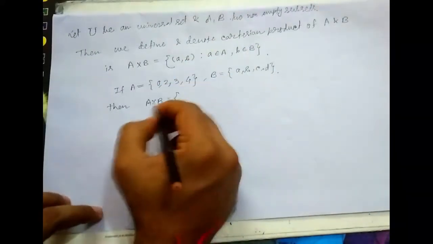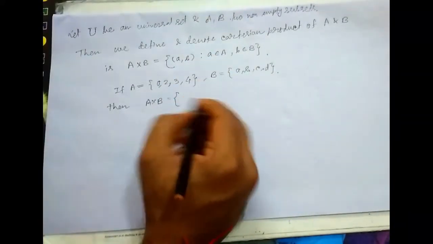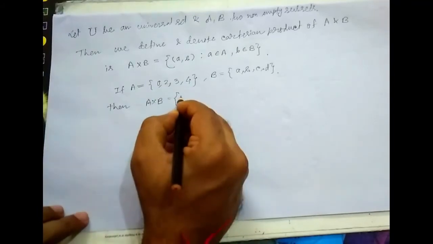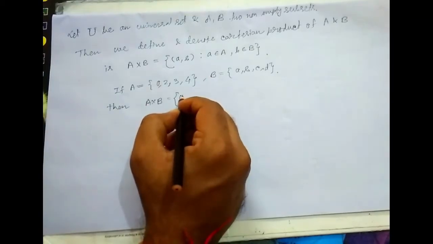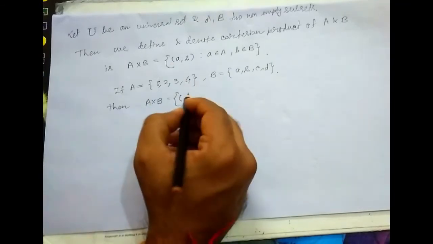So here A cross B, so at first in the place of first component we have to put A's element, okay, and in the second component we have to put B's element.